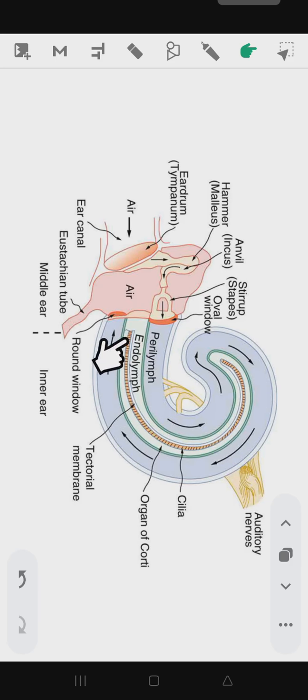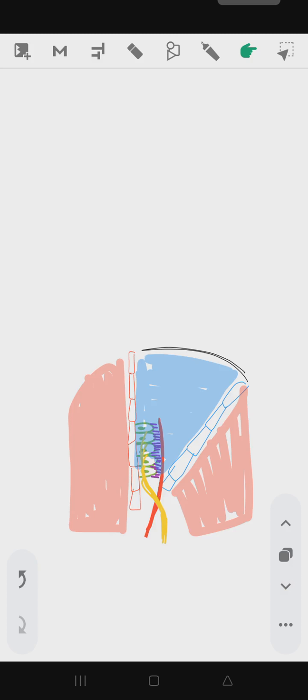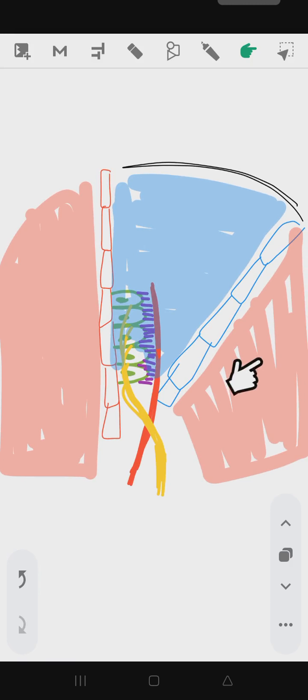And between we have endolymph, and this is known as the scala media. Yes, you're correct. If I just cut out a small portion, I get this. That's the scala vestibuli, the scala tympani, and the scala media.